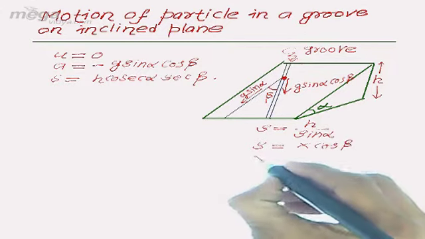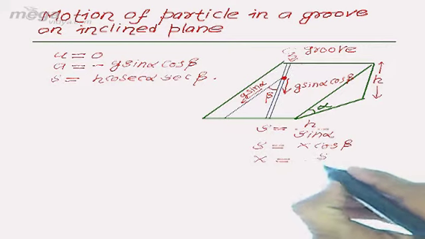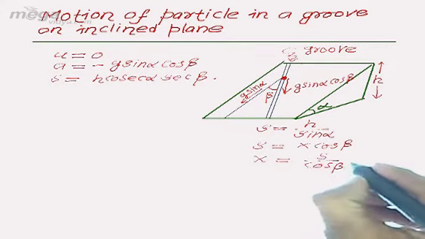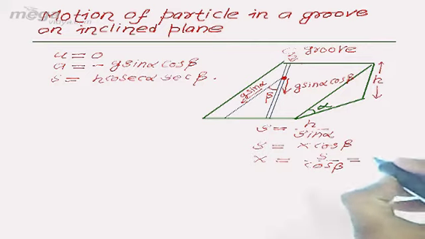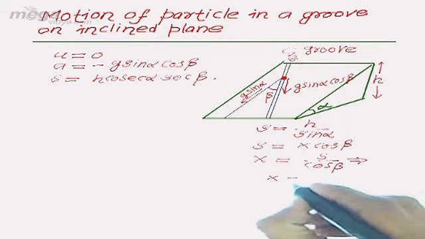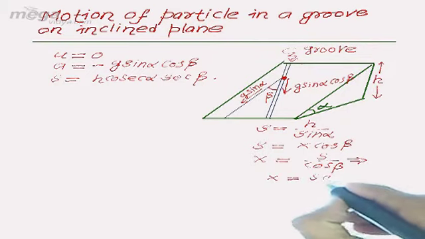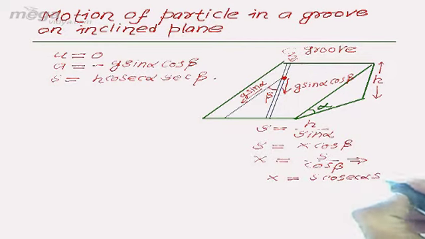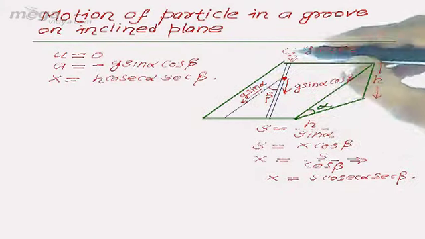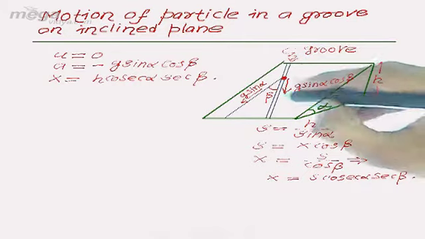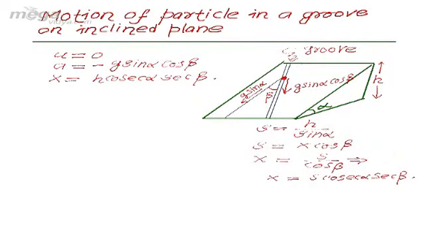So x becomes s upon cos beta, and s itself is h upon sine alpha. So we can get x equal to h cosec alpha sec beta. From here we are writing this distance x, which the particle travels along this groove, to be h cosec alpha sec beta.